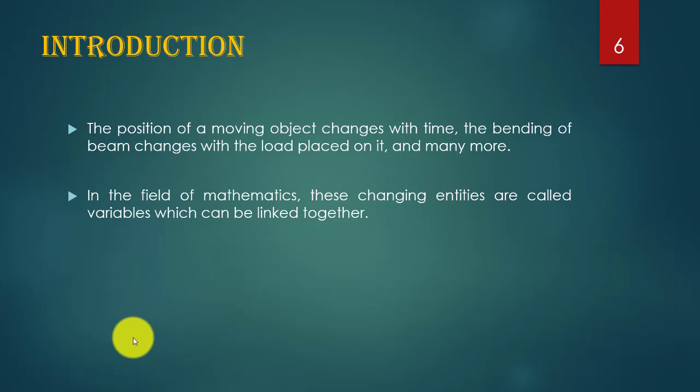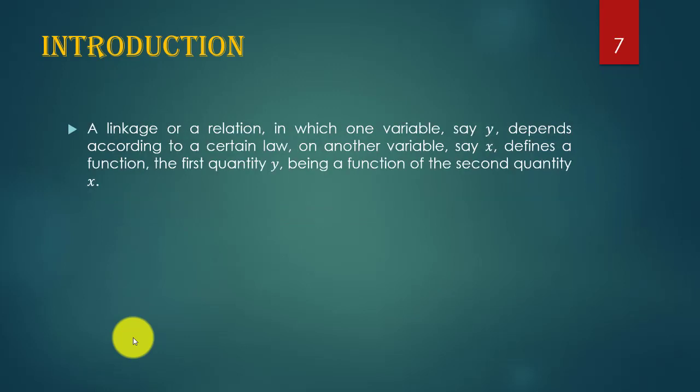In the field of mathematics, these changing entities are called variables, which can be linked together. A linkage or a relation in which one variable, say y, depends according to a certain law on another variable, say x, defines a function.